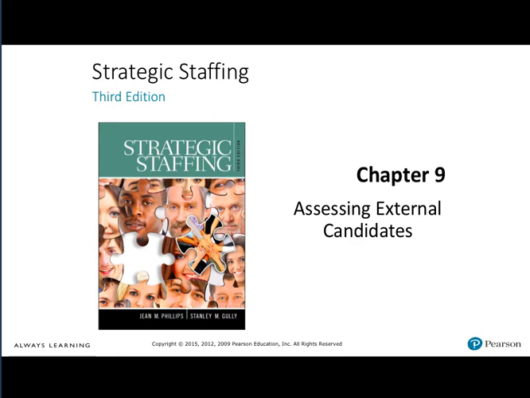We want to make sure that we are using job-related criteria to assess our candidates and differentiate between poor and strong candidates. And so what we're going to get into with this next chapter is the ways that we assess external candidates, because it's going to be very different than what we do for internal candidates.